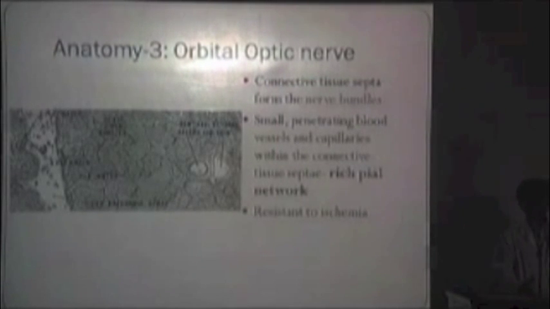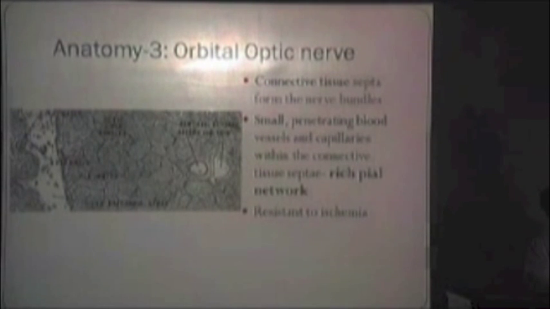The orbital optic nerve is like any other cranial nerve. It's separated into bundles by connective tissue septa. It is surrounded by the leptomeninges. There is a rich plexus of blood vessels called the pial network, which derives its supply from numerous sources, including the ophthalmic artery, the central retinal artery, the posterior ciliary arteries, and so on.